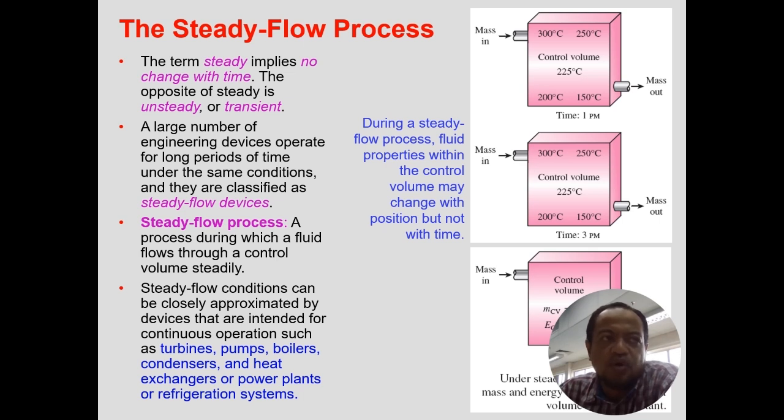We will learn more about this in the third chapter, the energy transfer by work. During the steady flow process, fluid properties within the control volume may change with position but not with time.